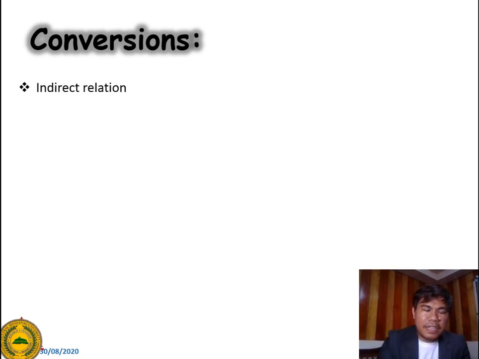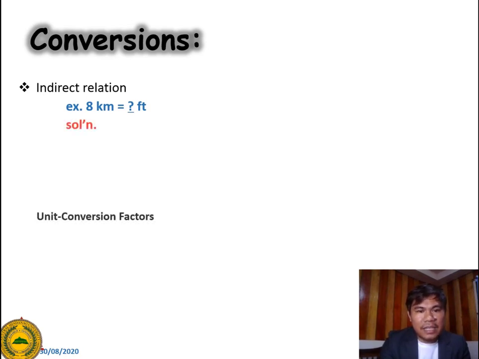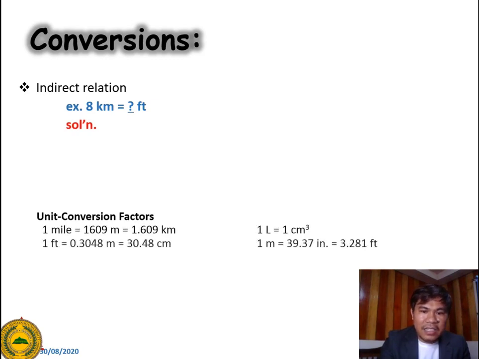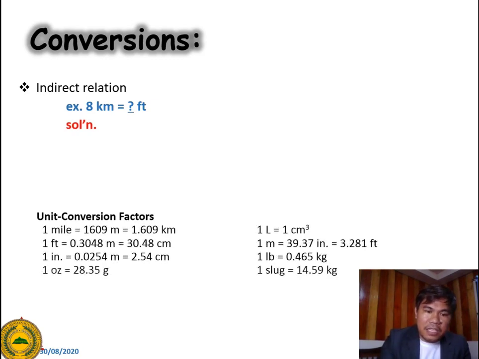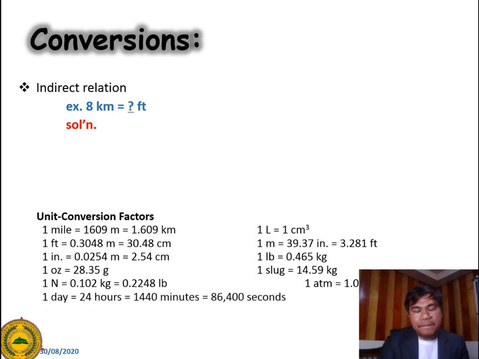For the case of indirect relation, this is an example wherein you are converting a certain quantity, in this case 8 kilometers, into feet, which is not directly related based on your familiarized conversion factors.